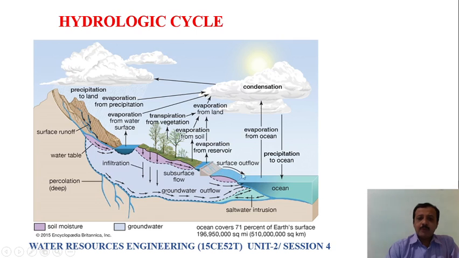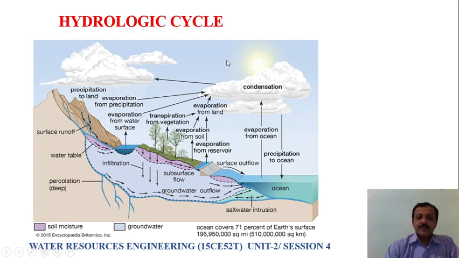Because of the sunlight and heat, this water evaporates from the water surface. Even from the wet soil surface, water evaporates. This evaporated water rises to the topmost layer of the atmosphere.